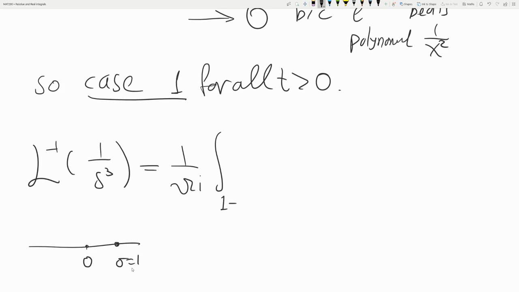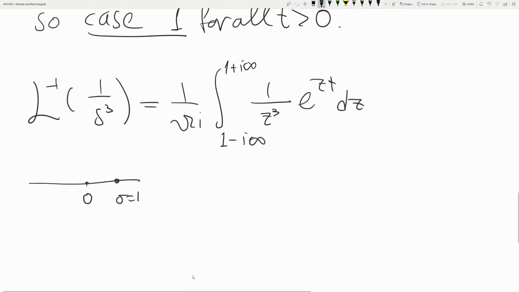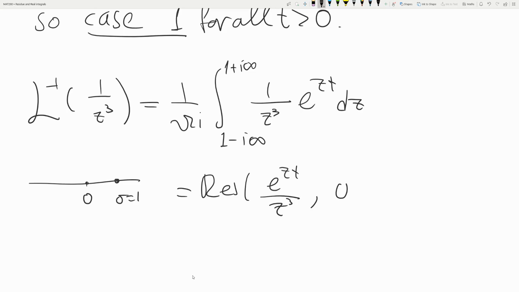By the residue theorem, we only have one pole at 0, and the order is 3.